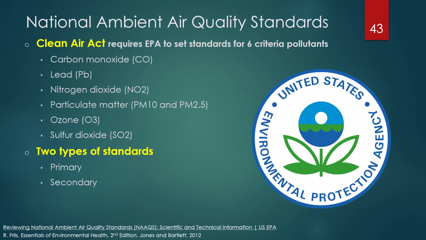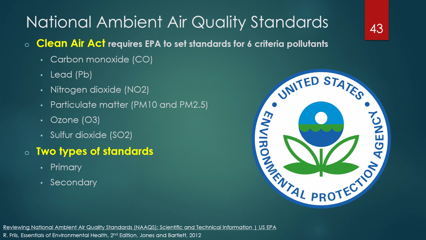The Clean Air Act requires EPA to set national ambient air quality standards for 6 principal pollutants called criteria pollutants that are common in outdoor air across the United States, considered harmful to public and the environment, and that come from numerous and diverse sources.